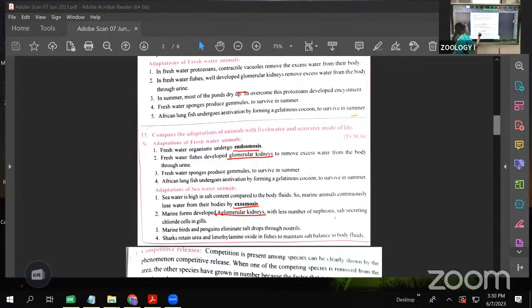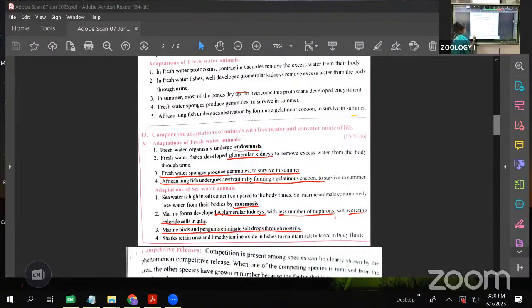Here, the marine fishes develop glomerulus kidneys for the retention of water, meaning a lesser number of nephrons, and salt secreting chloride cells in gills. Next, the freshwater sponges produce gemmules to survive summer. Before only we discussed this. Next, the African lungfishes undergo estivation, forming the gelatinous cocoon. Next, the marine birds and penguins eliminate the salts from the nostrils.